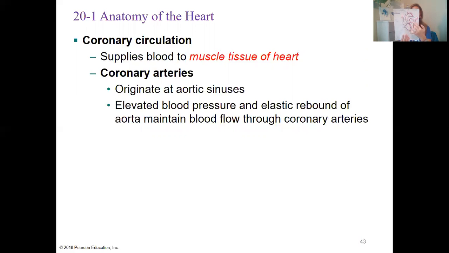The first vessels off of the ascending aorta are the right and the left coronary arteries. That means the right and left coronary arteries can take fresh, healthy blood directly to this myocardium so that the heart can continue to be a good, strong pump for you. The squiggly lines represent that the heart gets first dibs on that freshly oxygenated blood.